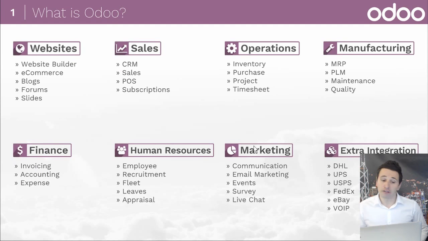We cover a lot of different apps for most of the departments in any company, whether it's sales, operation, which we're going to focus on today, manufacturing, e-commerce, HR, and so on. We have more than 40 different apps, and it can cover almost anything in the company.